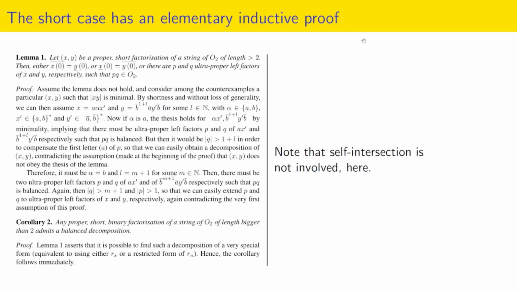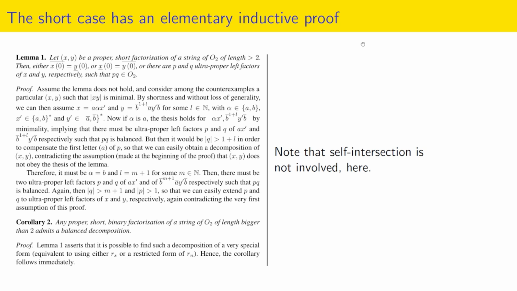And this is basically an equivalent result without geometry. And notice that it doesn't even require self-intersection, which is inherently a geometric property. So it removes some assumptions and has a fairly elementary proof.